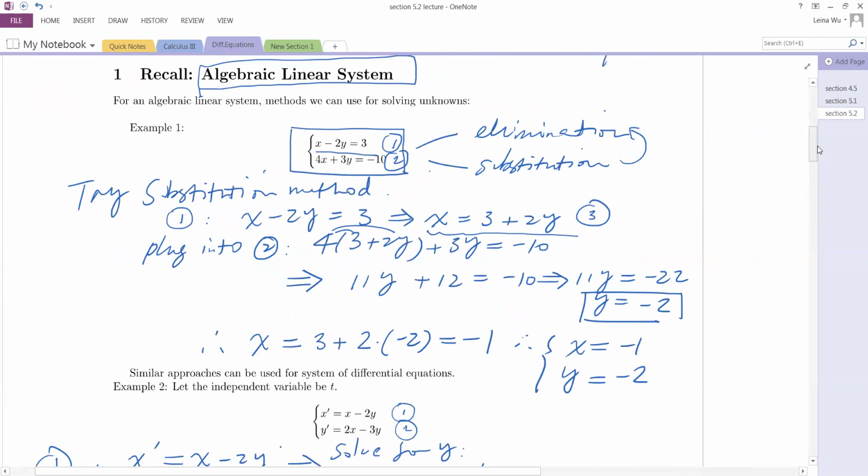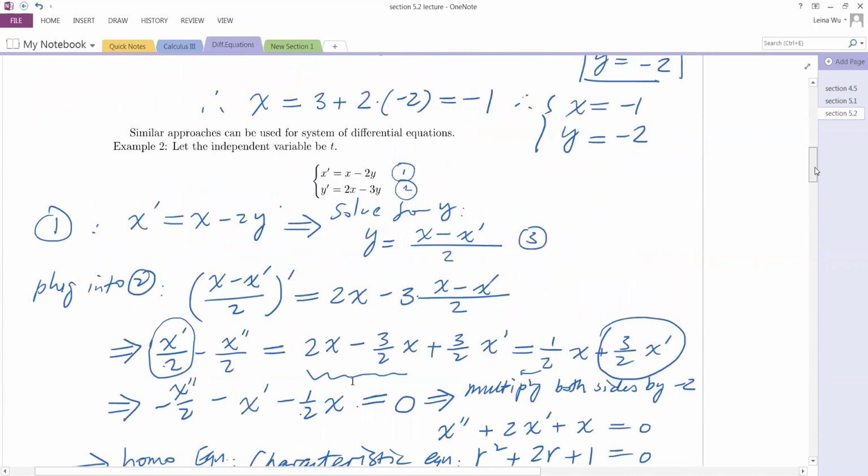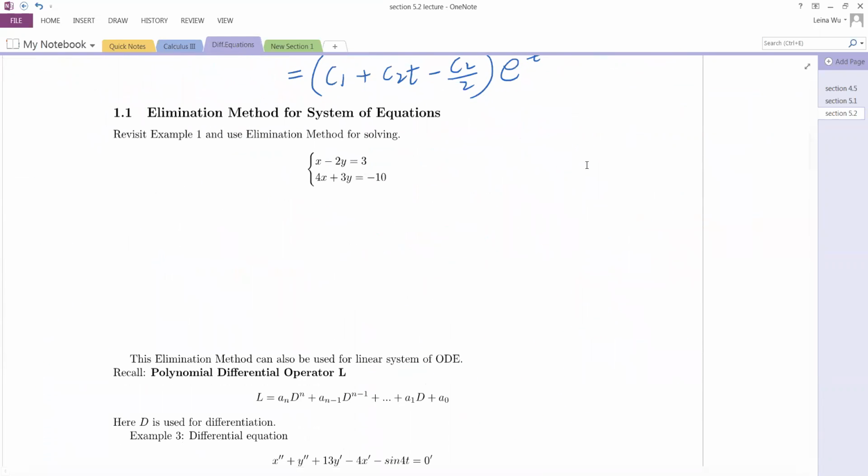And we see substitution method basically is, first of all, you solve one variable in terms of the other one, and then use that relationship to solve the other variable. Okay. Substitution method. Now we're going to focus on elimination method in general for system of equation today.